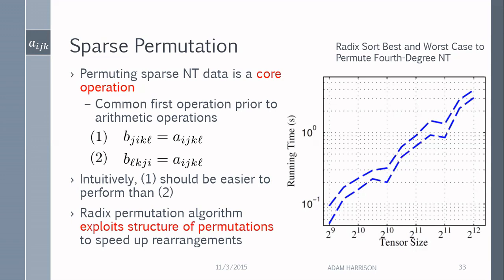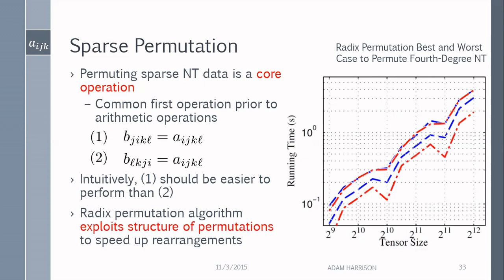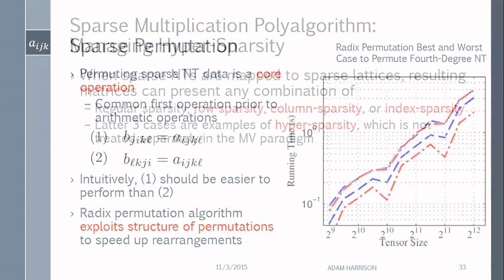With our radix permutation algorithm, we find that the worst case sorting time is the same as before, but the best case sorting time is significantly faster.